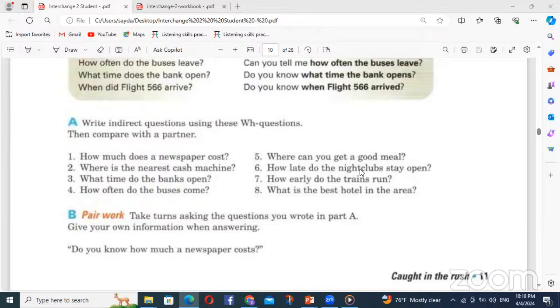Does anyone want to say something else? Are we all agreed on this answer? So: do you know how late the nightclubs stay open? Number 7. Can you tell me how early the trains run?